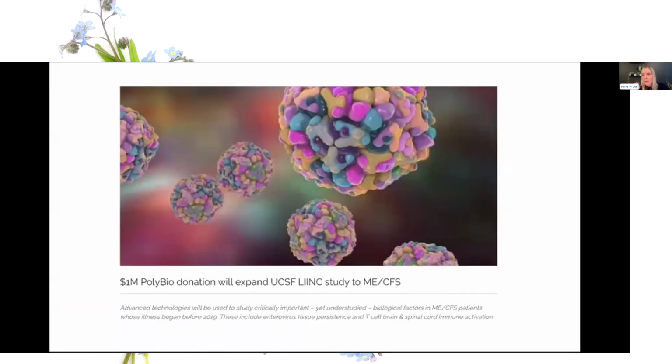I think that from this, a key area of study that we are working to rejuvenate in the ME/CFS space is the persistence of enteroviruses in patients with ME/CFS.